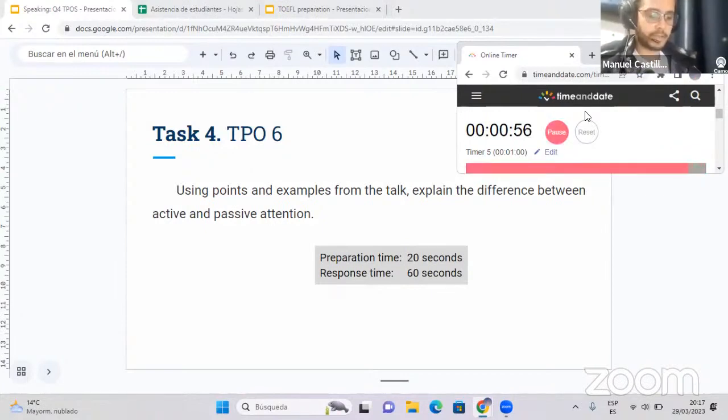The professor's talk in this explanation is talking about keeping attention. There are two kinds of attention: active and passive. The active is voluntary and is keeping. For example, the ballet is talking.